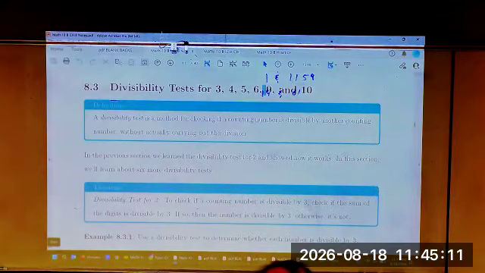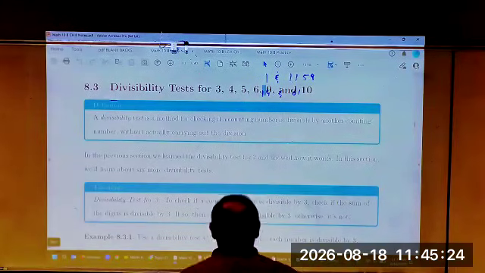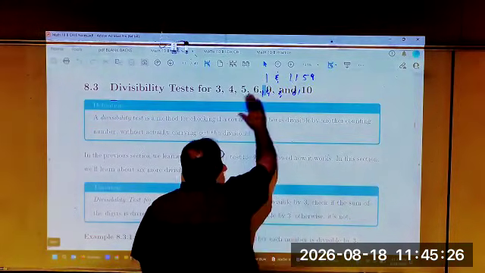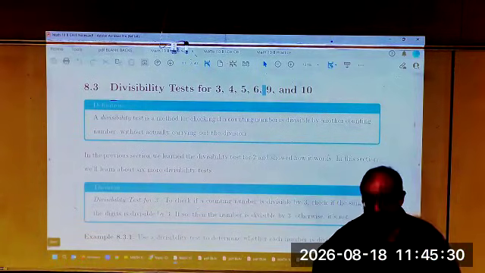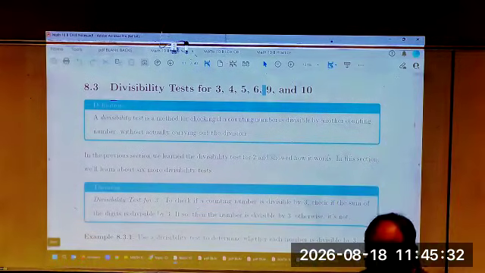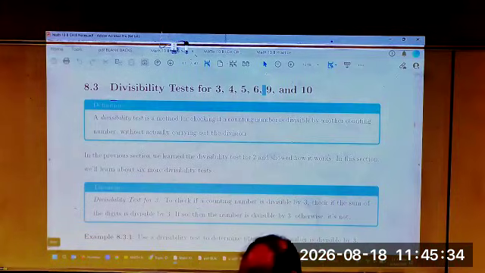But the question is, is it easier to actually try 13 or to test for 13? And you're going to need to know these. How can I make myself learn the rules for 11 and 13?